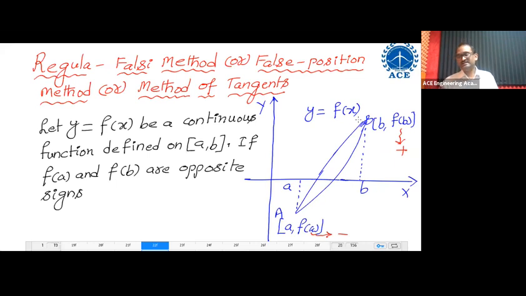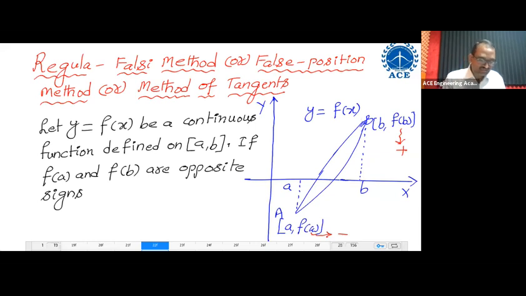Chord means straight. Curve AB is replaced by straight line AB. If f of A and f of B are of opposite signs, between A and B the corresponding curve is replaced by a straight line.